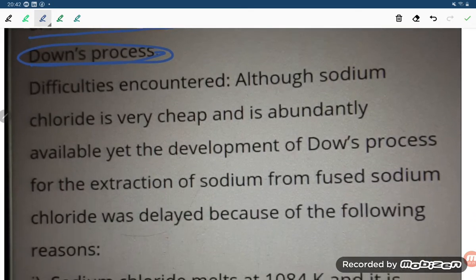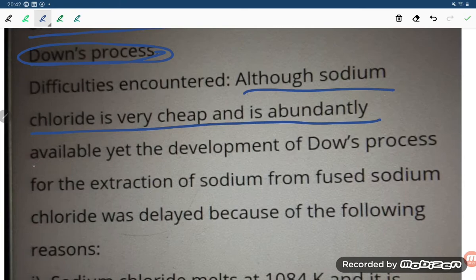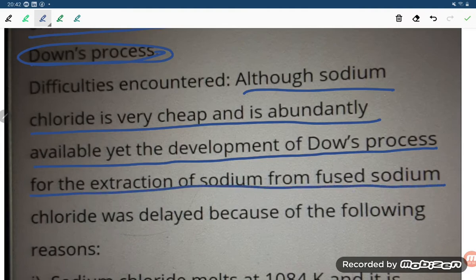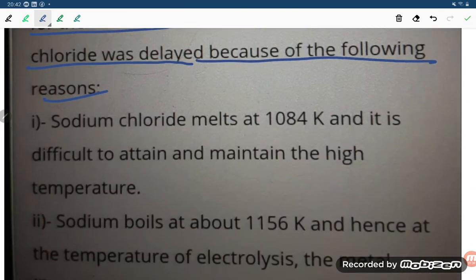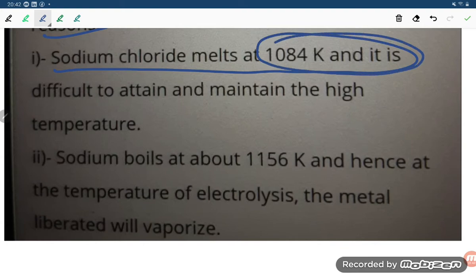Okay, now what are the difficulties encountered? Although sodium chloride is very cheap and easily available, the development of the Down process for the extraction of sodium from fused sodium chloride was delayed because of the following reasons. First, sodium chloride melts at 1084 Kelvin, and it is difficult to attain and maintain such a high temperature.